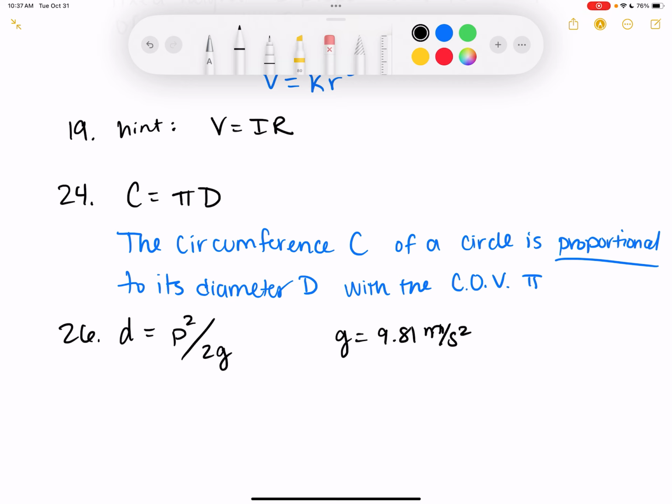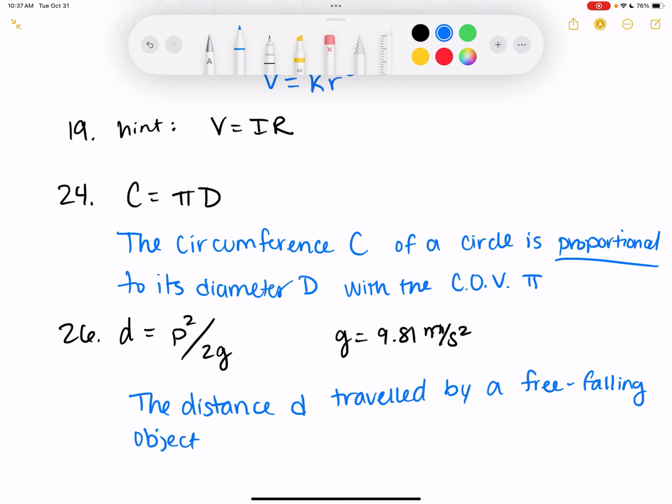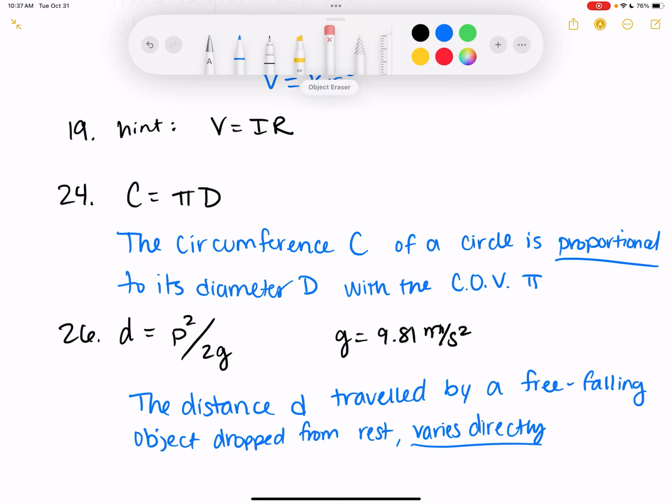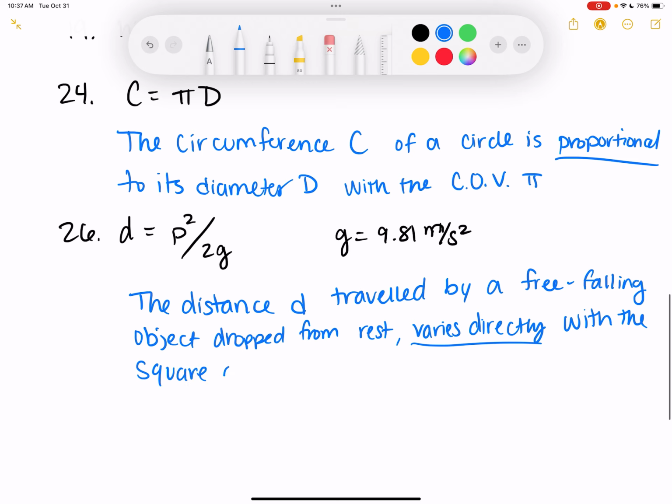So we would say for this one, the distance D traveled by a free-falling object dropped from rest varies directly, which is the keywords there, with the square of its speed P, with the constant of variation 1 over 2G.